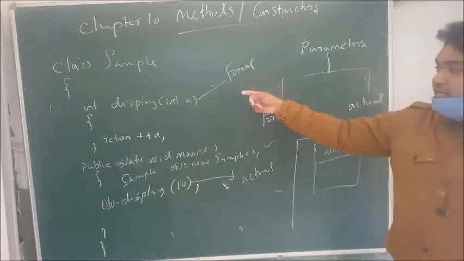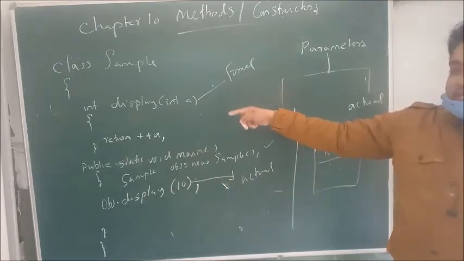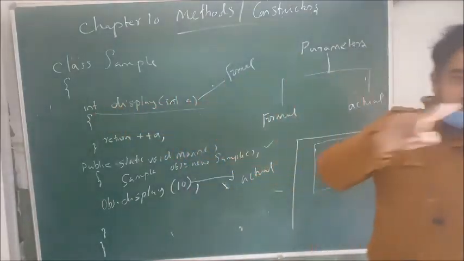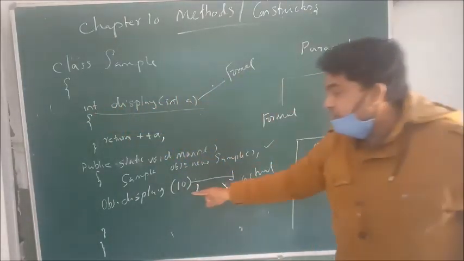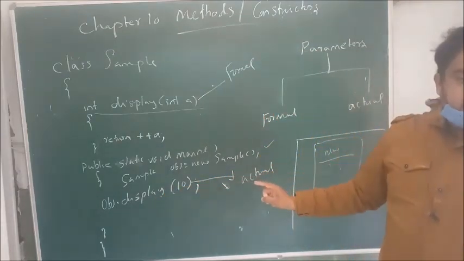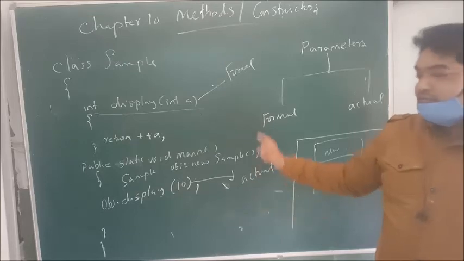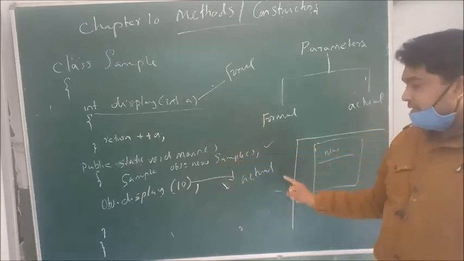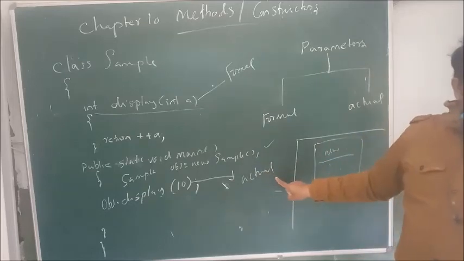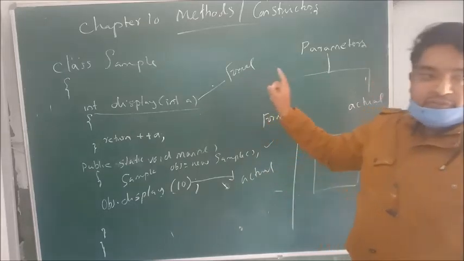So the definition we can say: formal parameters appear on the function header. This is a function header. Actual parameters appear on the function calling part. Okay. So this is a function calling part, that is the actual parameter. Function header, it is a formal parameter.